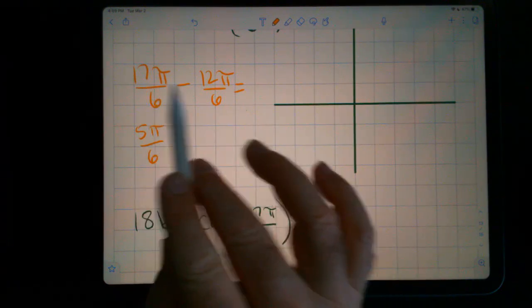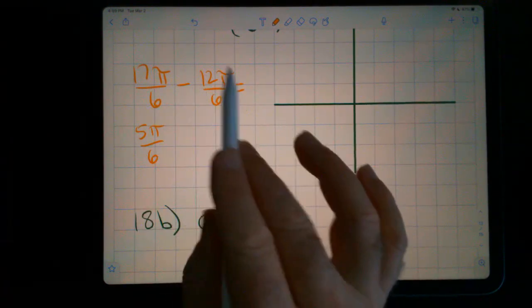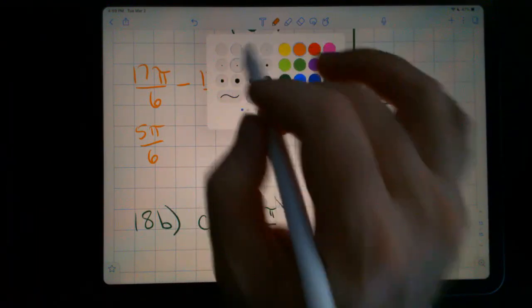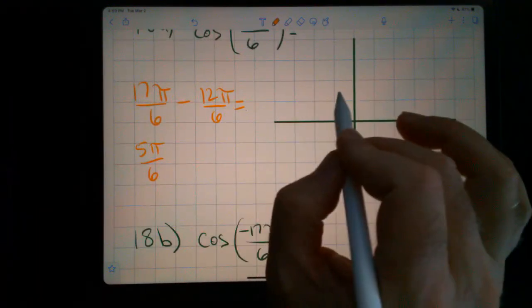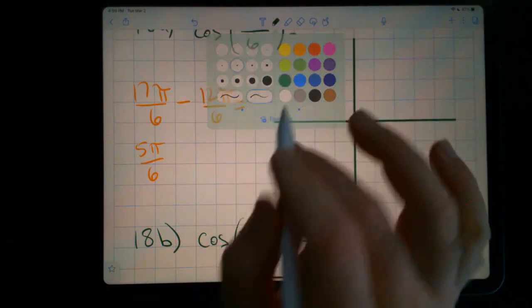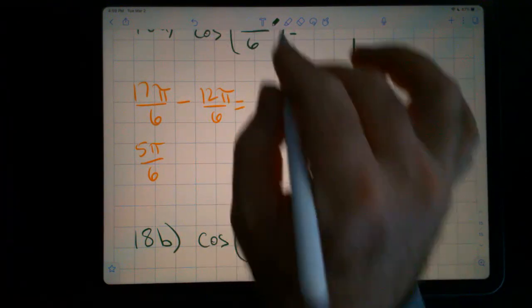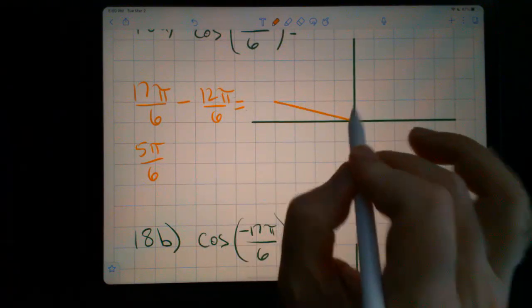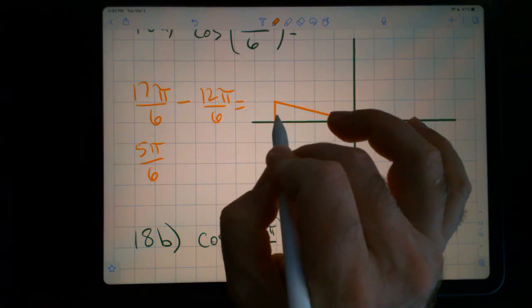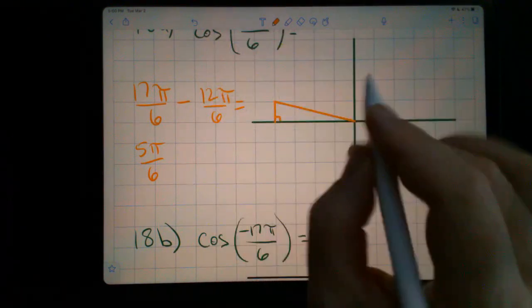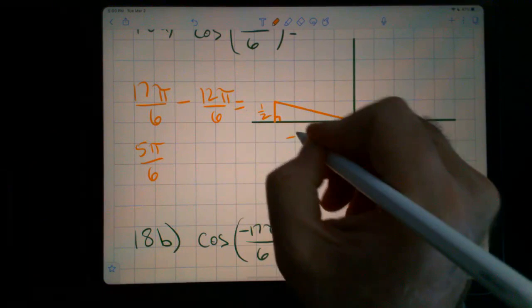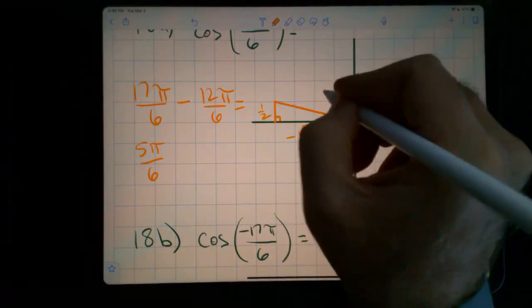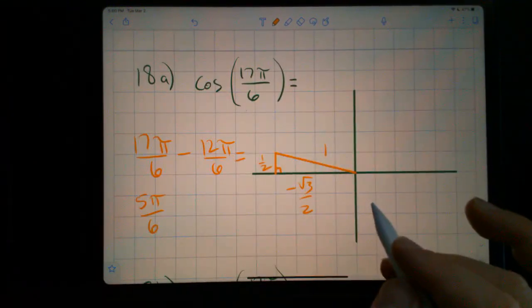Okay, so 17 pi over 6 minus 2 pi, minus 12 pi over 6, is 5 pi over 6. Okay. So this is positive 1/2. This is negative radical 3/2 and a 1. We want cosine, that's the x value.